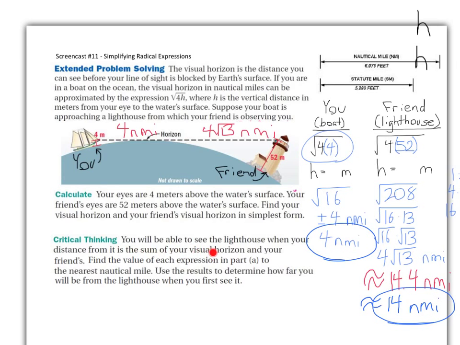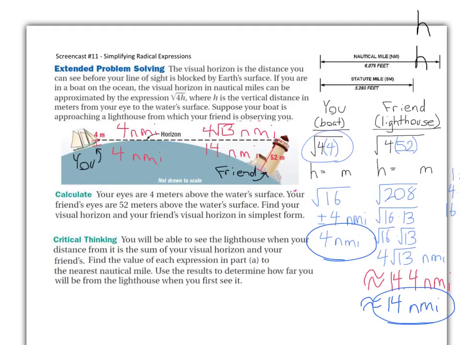You will be able to see the lighthouse when your distance from it is the sum of your visual horizon plus your friend's visual horizon. So now, instead of thinking of our friend's visual horizon as 4 root 13 nautical miles, we have simply rounded that to 14 nautical miles, and our visual horizon still remains as 4 nautical miles.